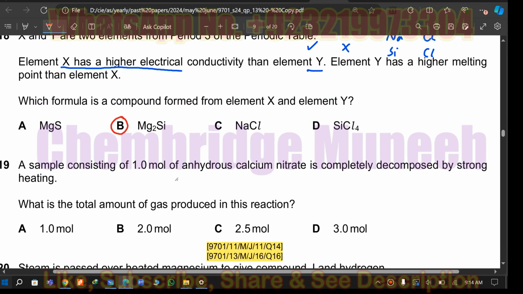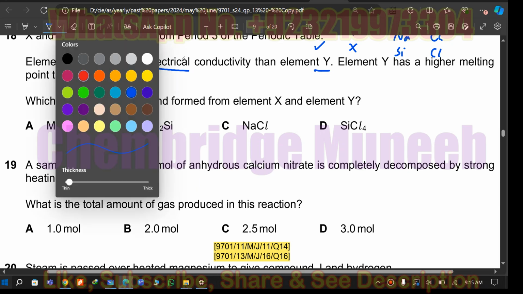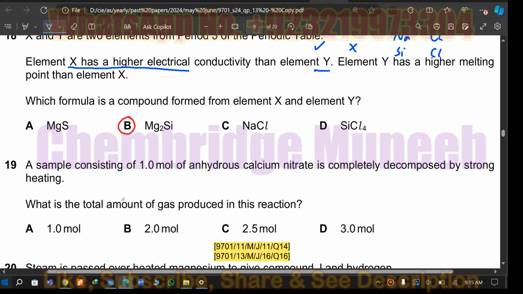Now question number 19. A sample of 1 mole of anhydrous calcium nitrate is decomposed. We have to calculate the total amount of gas produced in this reaction. For this purpose, we must construct a chemical equation.